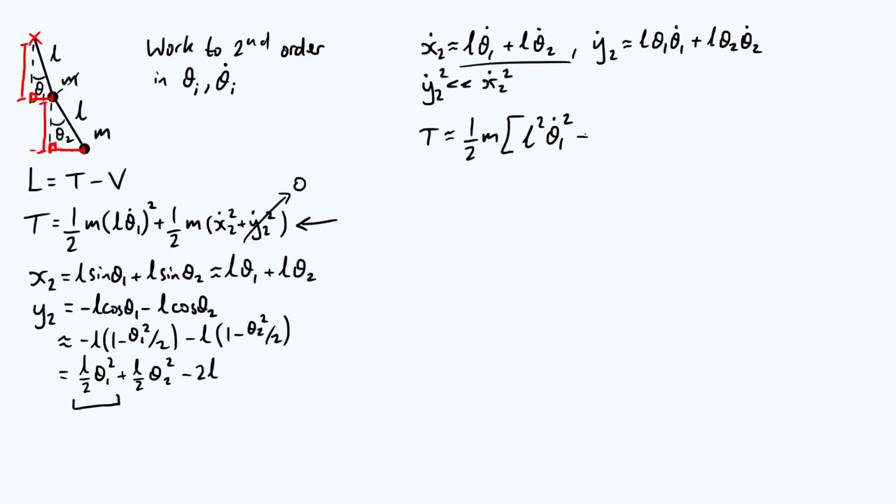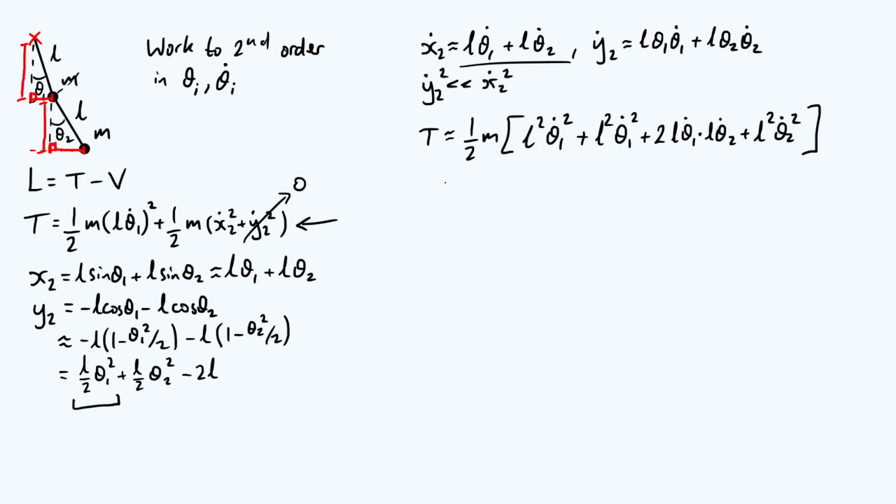So why don't I just square that expression now. If we square that expression at the top, you get the first thing squared, so L squared theta 1 dot squared. Then you get twice the product of the two terms, so 2 L theta 1 dot times L theta 2 dot, and then you get the second term squared, which is L squared theta 2 dot squared.